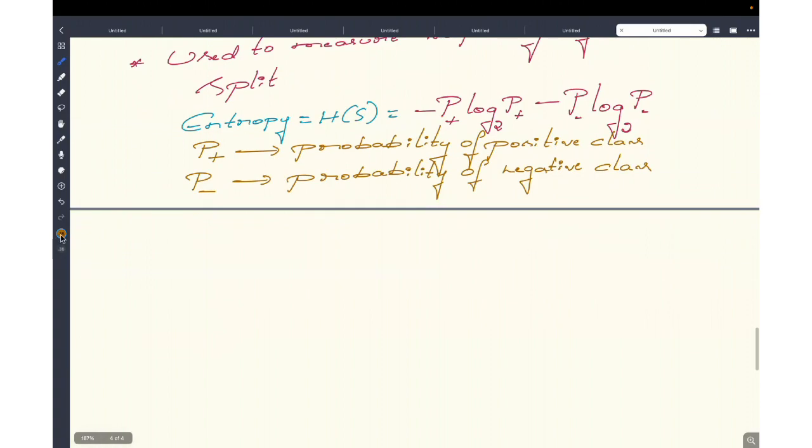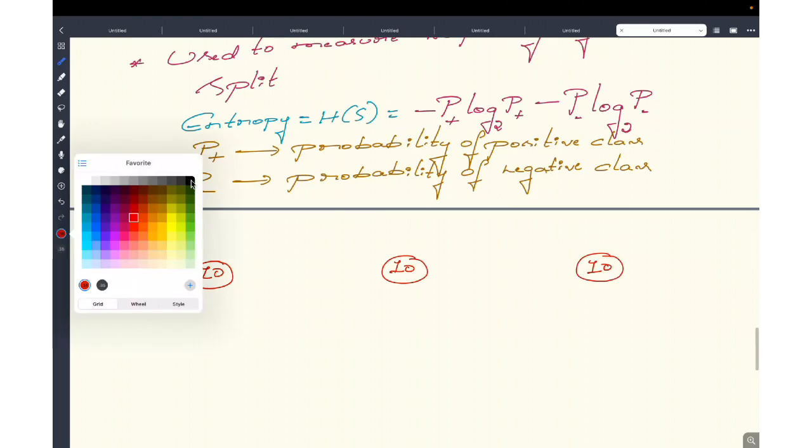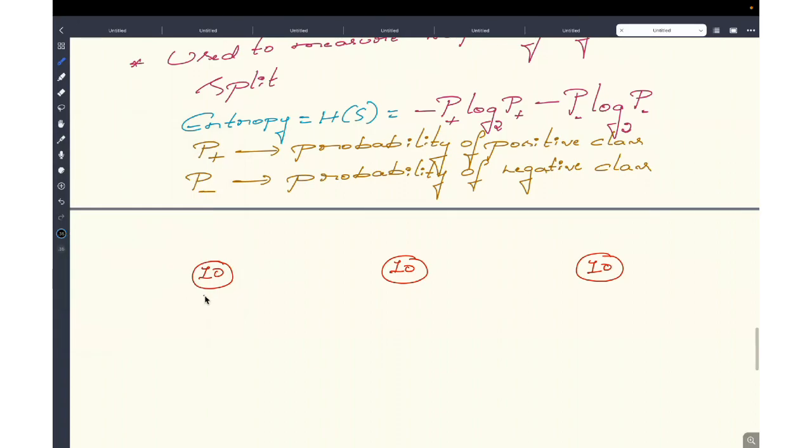Let's say, for example, you have 10 friends. What if all 10 people say yes? Do you see any uncertainty in this?